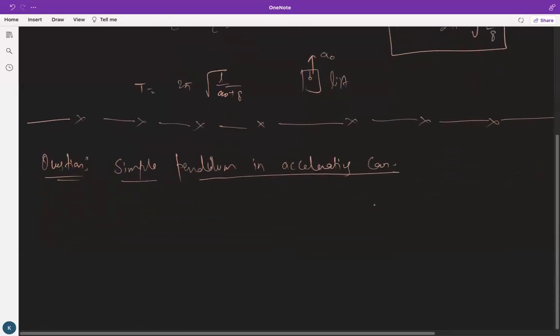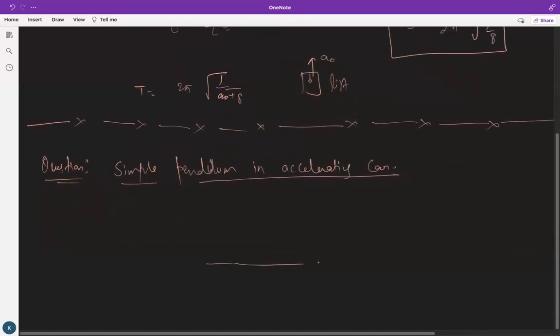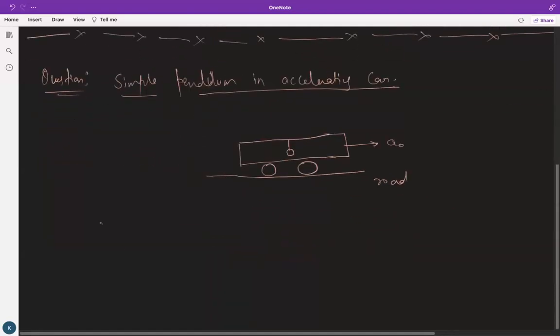This is the road, and this is a car from whose ceiling a simple pendulum is attached, and the car is moving with acceleration a naught in its rightward direction. You have to find the time period of the simple pendulum in this frame.